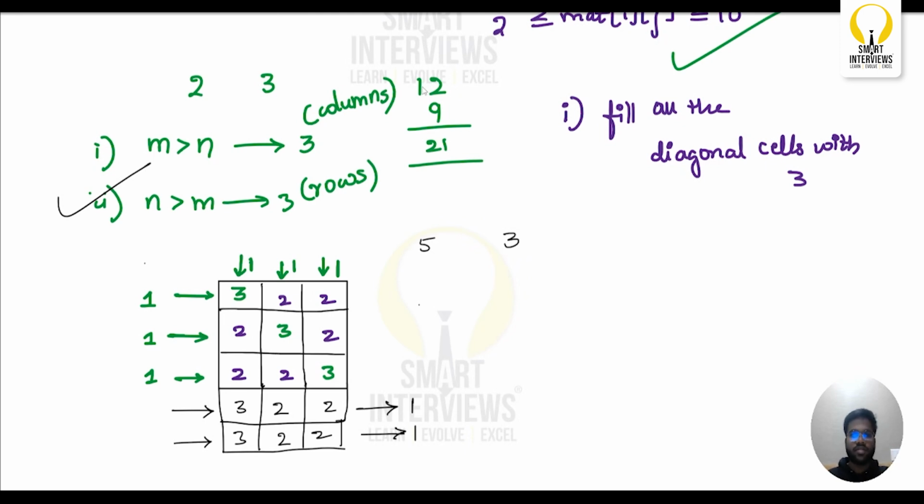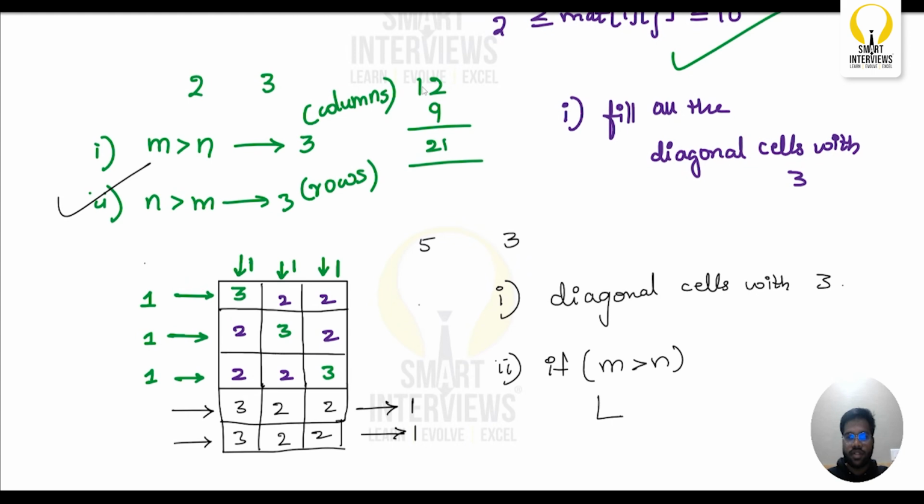So what is the overall logic that we have come up with? First thing is we'll fill all the diagonal cells with 3. Now we know how to access all the diagonal elements. Next, if the value of m is greater than n, what will you do?